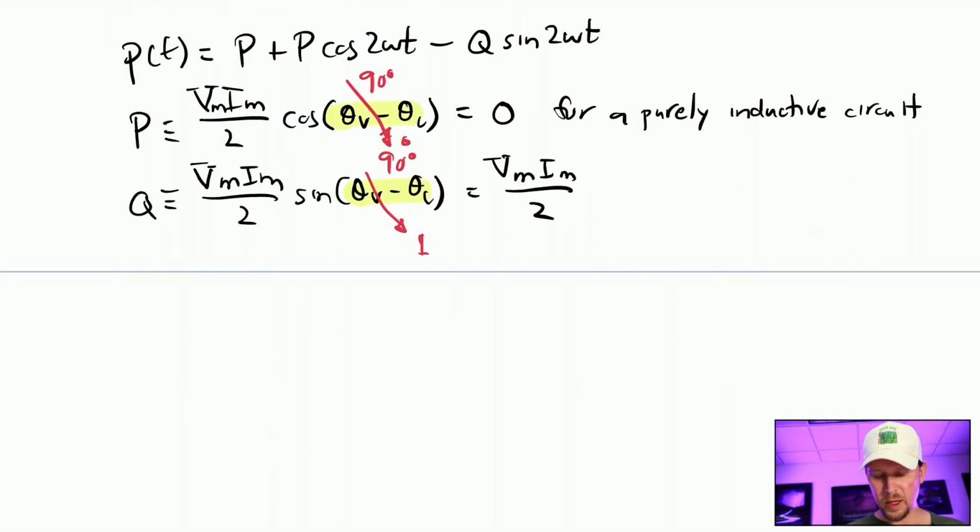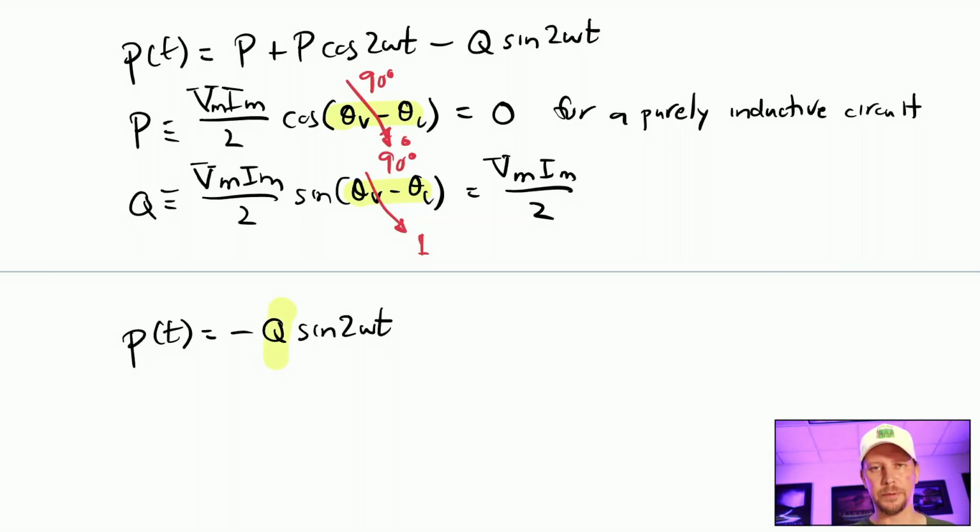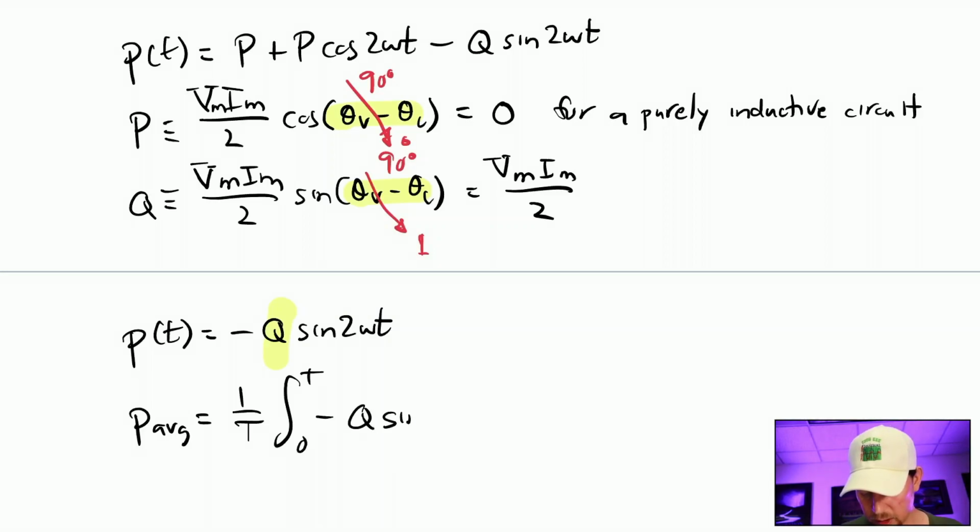So the instantaneous power itself for a purely inductive load is minus Q times the sine of 2 omega t. Now notice that there's no real power that's actually being delivered, right? Even over one period, you can take the average of this, and essentially it would boil down to taking the time average of a sinusoid over its period. Notice that this itself happens to go to 0 altogether.